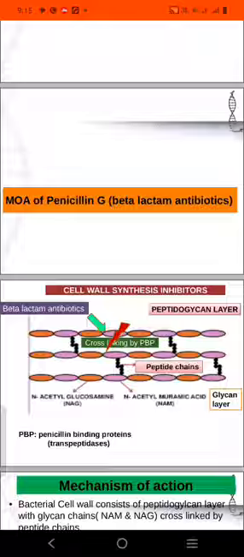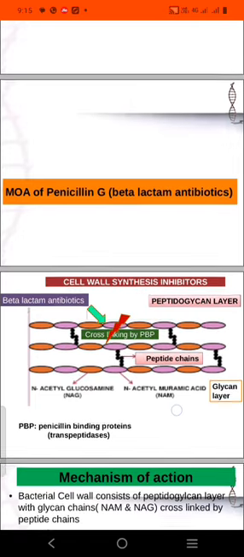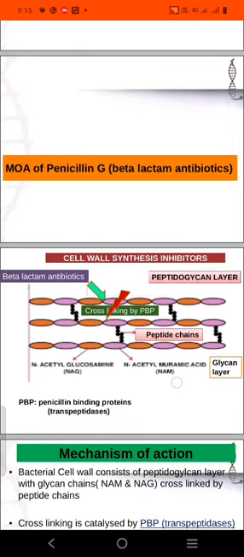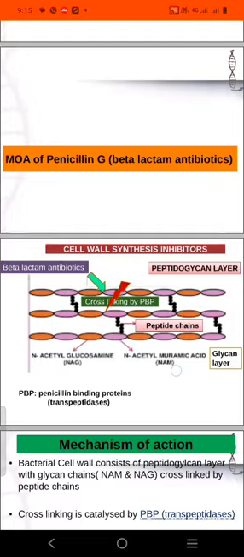So there is a cross-linking between these peptidoglycans and N-acetyl muramic acid. This is catalyzed by the enzyme penicillin binding protein or transpeptidases. Understand? So this penicillin binding protein is necessary for this linking of these two chains.